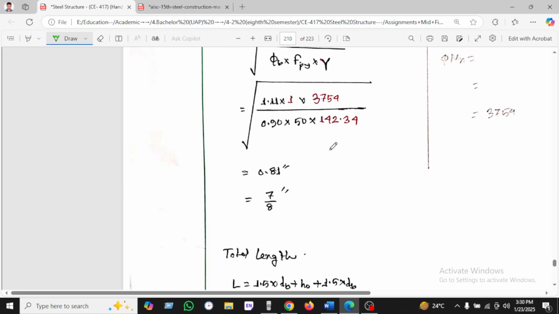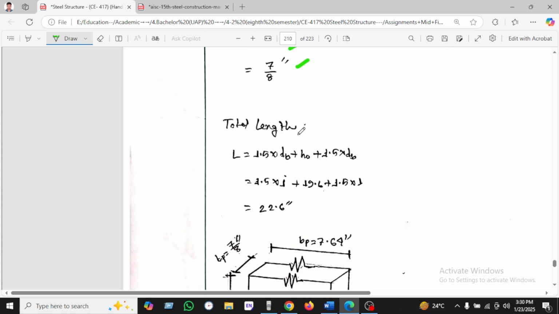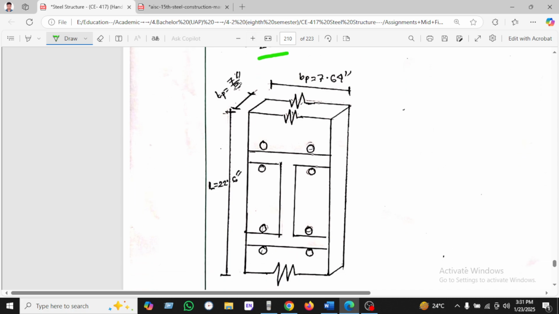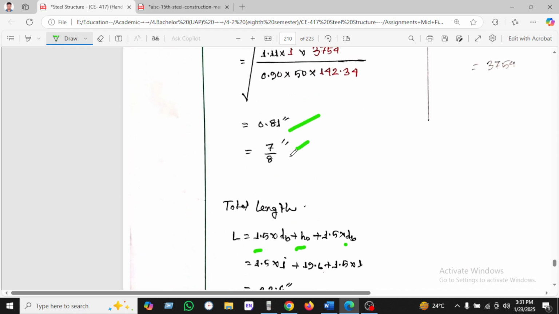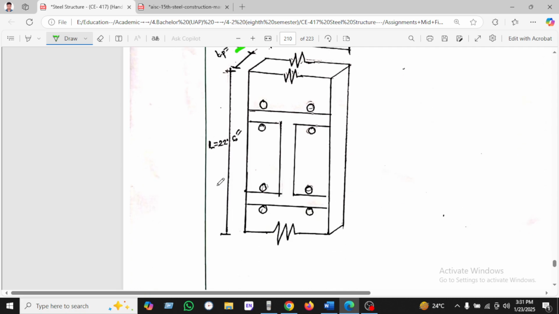Putting all these values in, we get 1.01, which is 7/8. So the total length we calculate as 1.5 into db plus h0 plus 1.5 into db, and found 22.7. So we can see all the parameters are given: tp is 7/8 and the total length is 22.6.